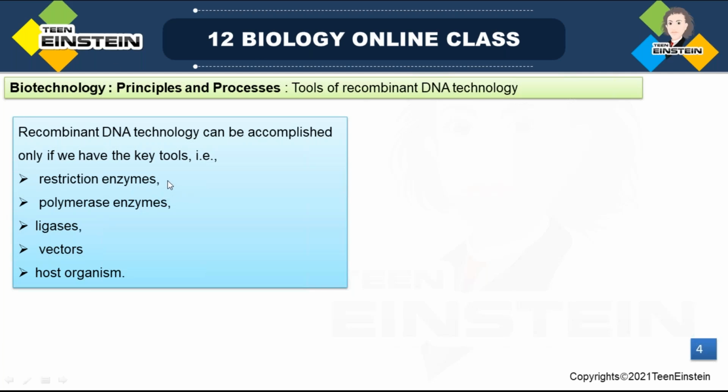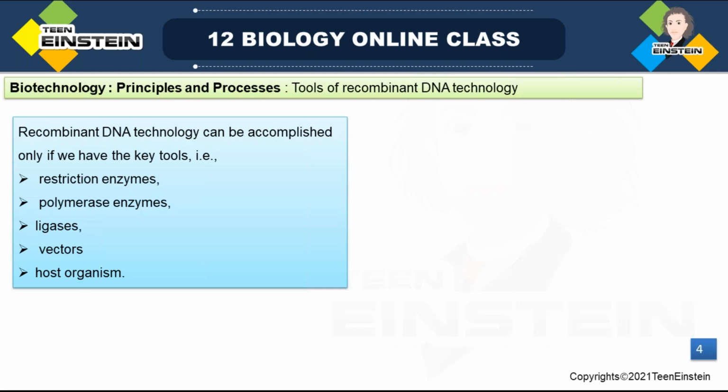I will explain this, as we have already told. So restriction enzyme, what will this restriction enzyme do? This restriction enzyme will cut the double-stranded DNA at the specific site, the recognition site. It will identify particular cutting sites, specific recognition sites.